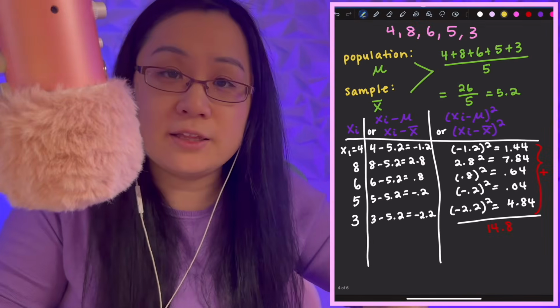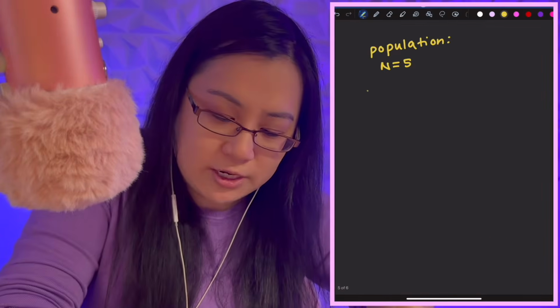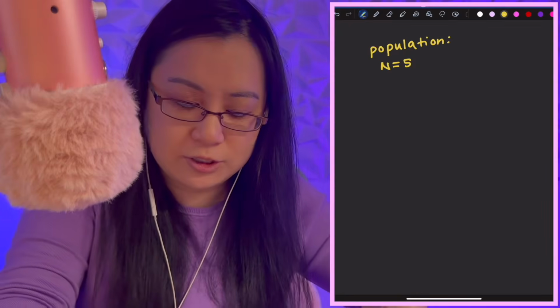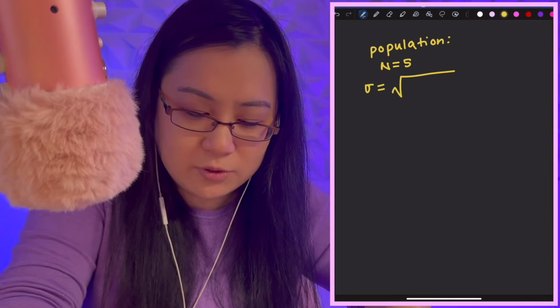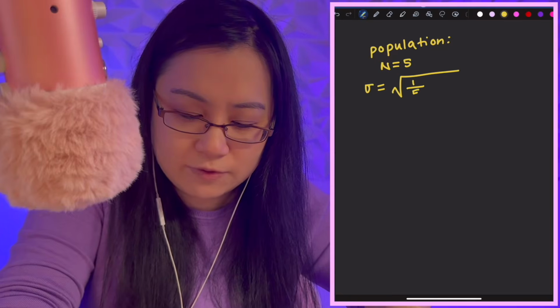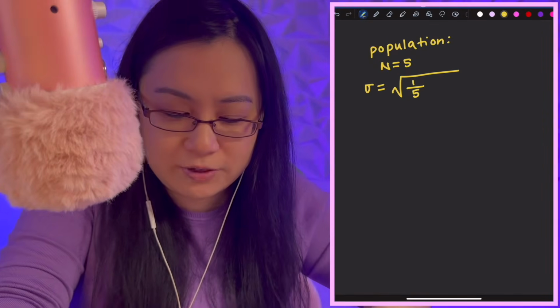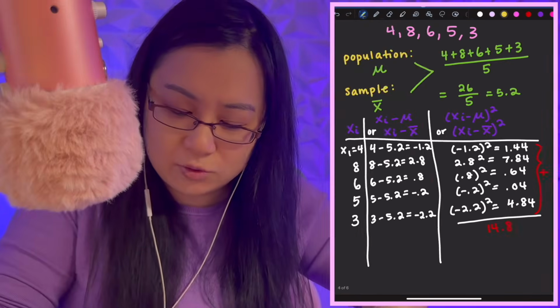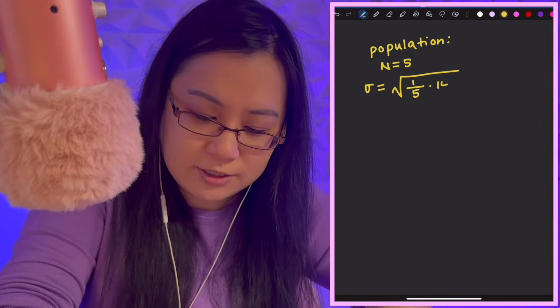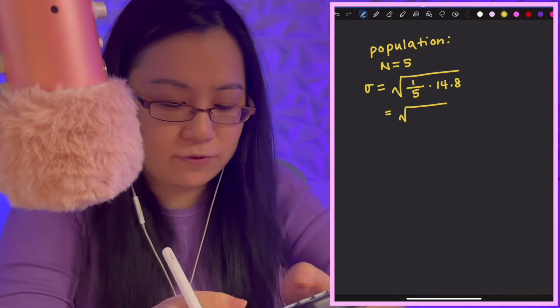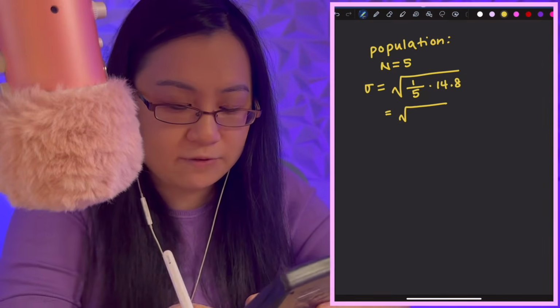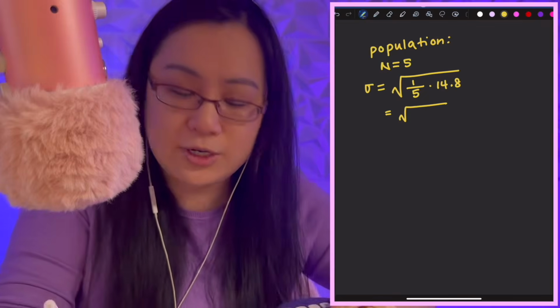We'll go ahead and finish the whole question. Sigma equals the square root of 1 over 5, which is the same thing as dividing by 5, times our total of 14.8. So this is the square root of 14.8 divided by 5, which is 2.96.